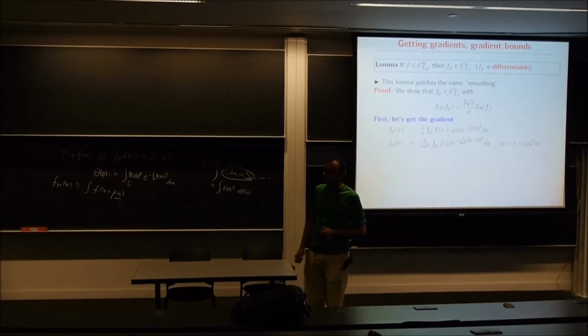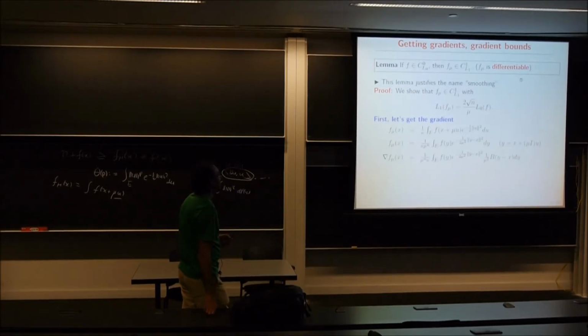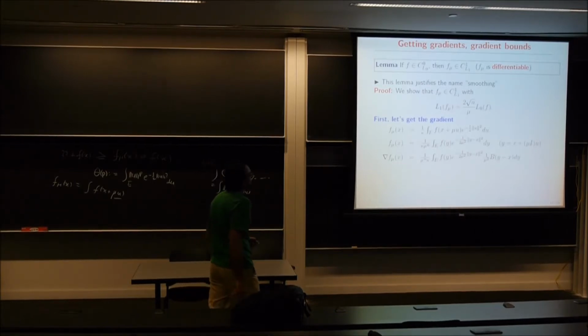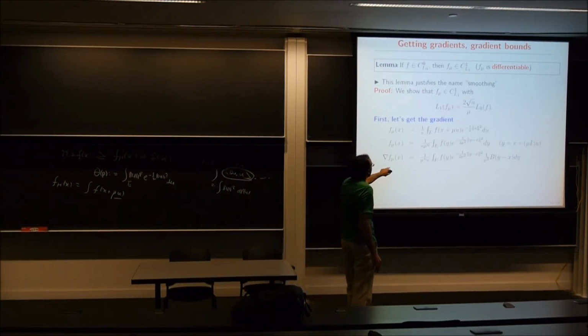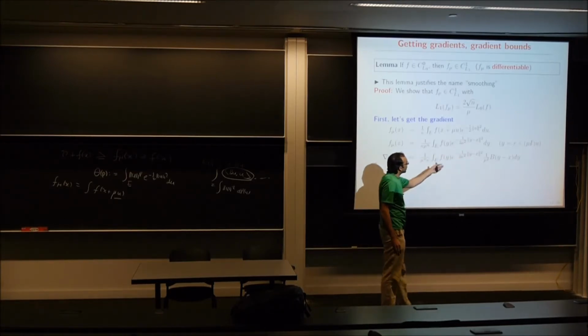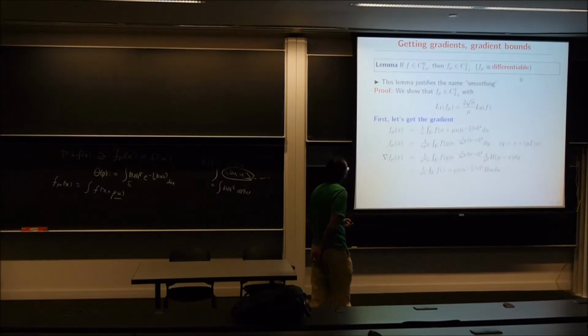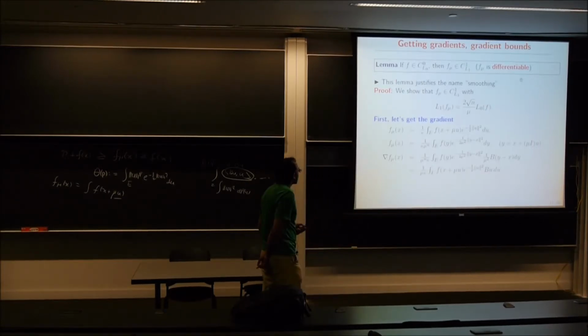So you make that change of variables to write the integral in terms of y. And then you differentiate that with respect to x. So this is a differentiable function of x. You differentiate it with respect to x. That's the kind of stuff that falls out. Okay, so that's what it's looking like so far.